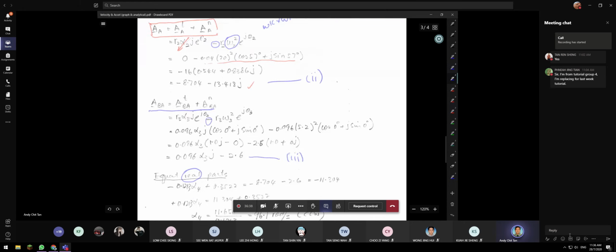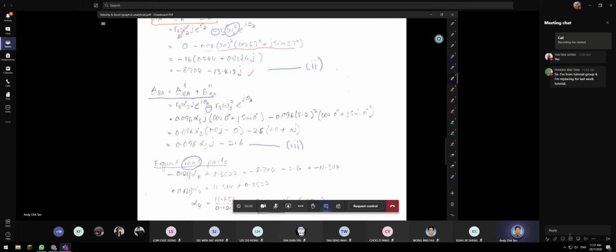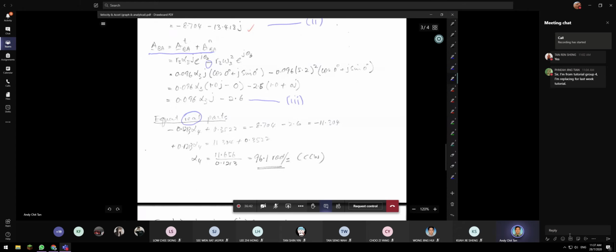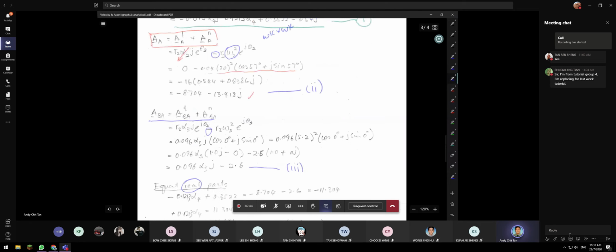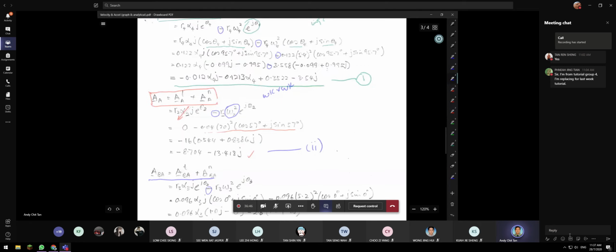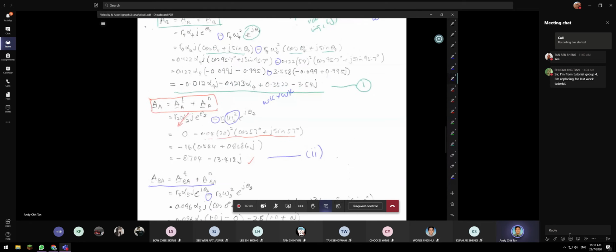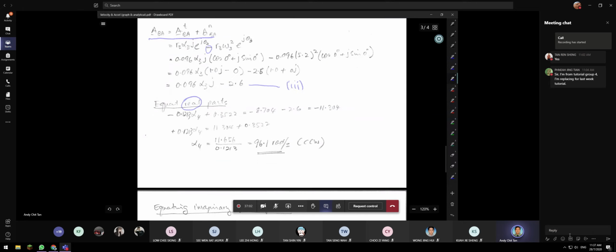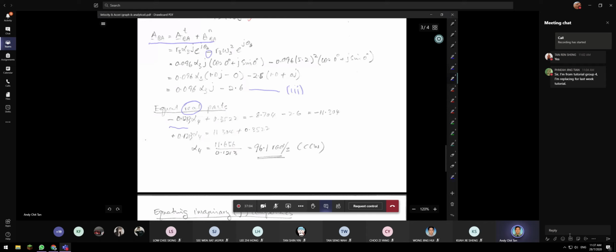So for omega B, the real part in this case is this value minus this value. You enter this value here, the real part, can you see it here?